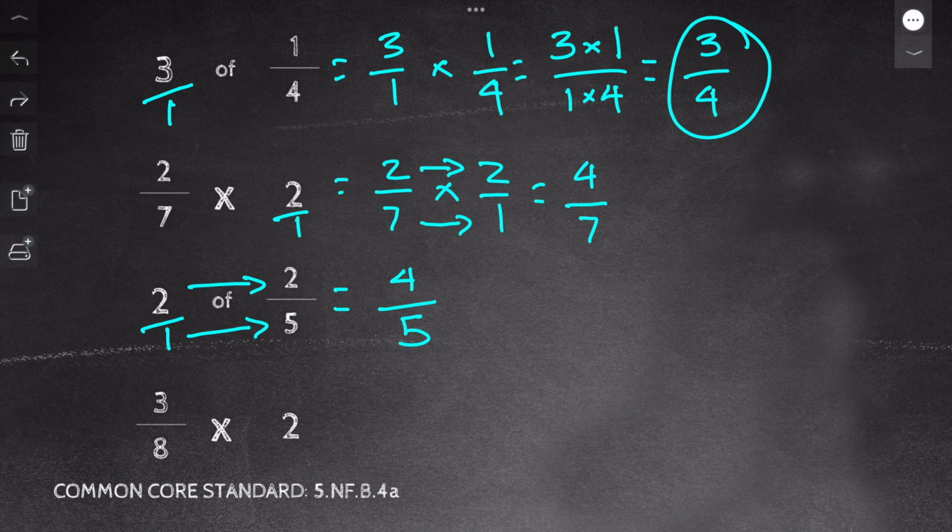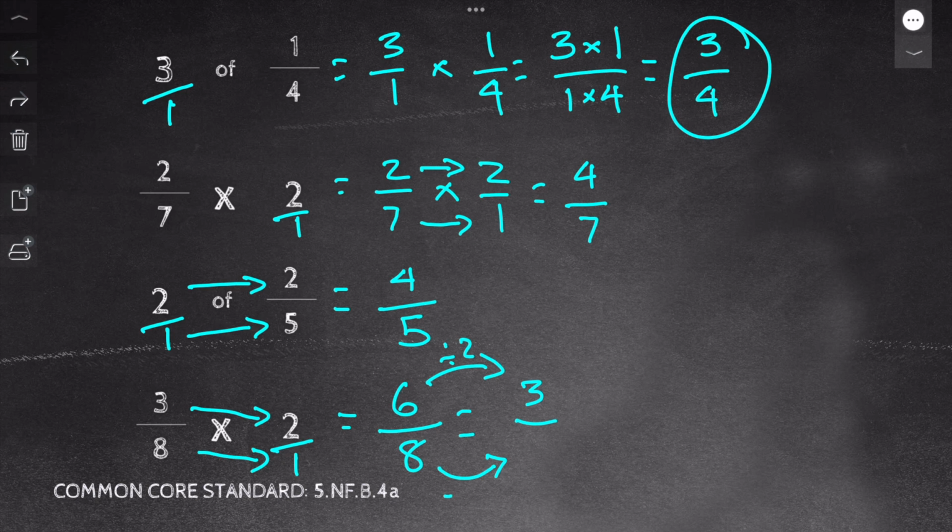I'm going to turn my whole number into an improper fraction, and now I'm going to multiply 3 times 2, which equals 6, and 8 times 1, which equals 8. I can also simplify 6/8. I can divide 6 by 2, which equals 3, and then I can divide 8 by 2, which equals 4. So my answer is 3/4.